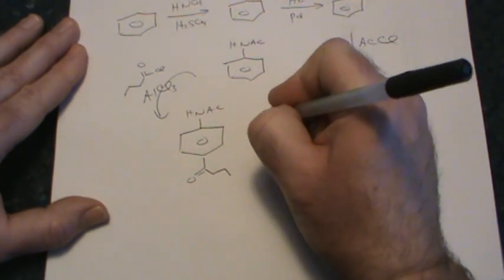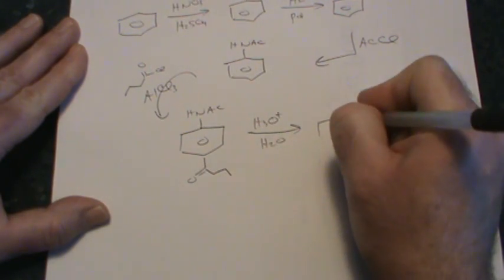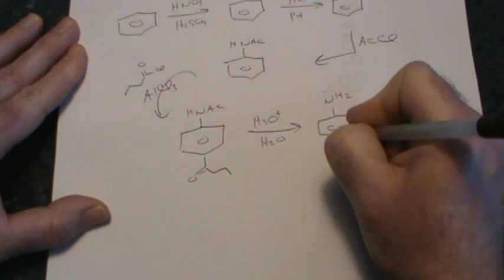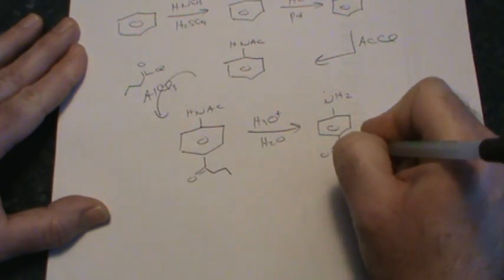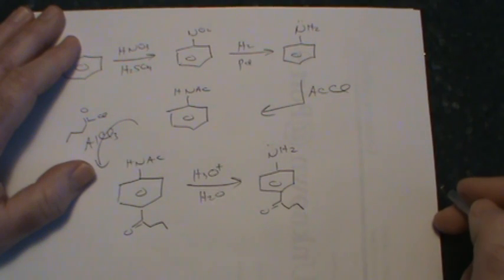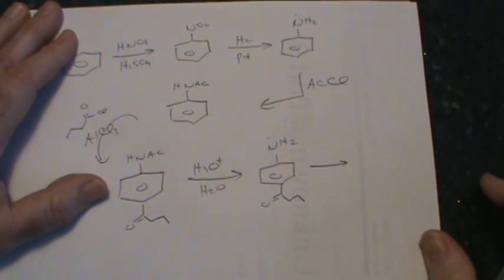I'm going to go ahead and hydrolyze first. That puts the amine back in place at the para position. And finally, I'm going to reduce the ketone.